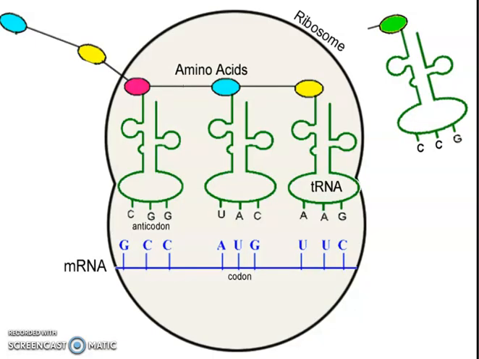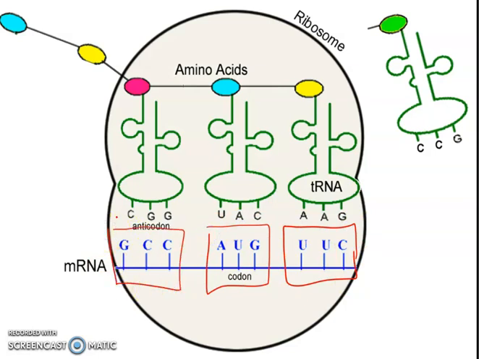So let's take a look, just so we can kind of see it. All right, notice here these are our codons. So each one of these is a codon. Here is our tRNA molecule. Up here is an amino acid on the one end. I have a codon that says UUC.